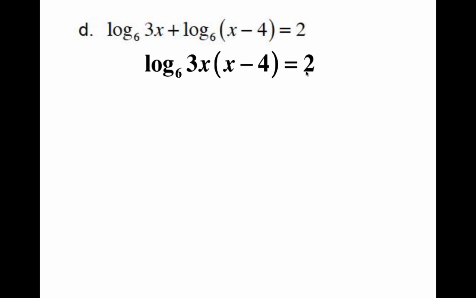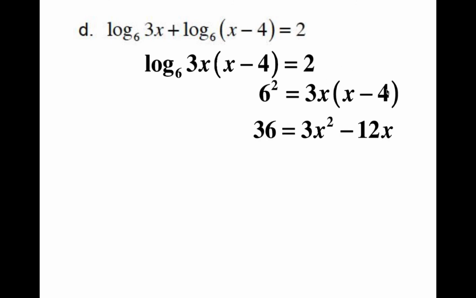We have 6 squared equals, hook back over, the 3x times x minus 4. 6 squared is 36 equals, we can distribute and get 3x squared minus 12x. We have a quadratic equation. You always want it equal to 0 when you're solving a quadratic equation, so I'm going to minus the 36 over to make it equal 0.